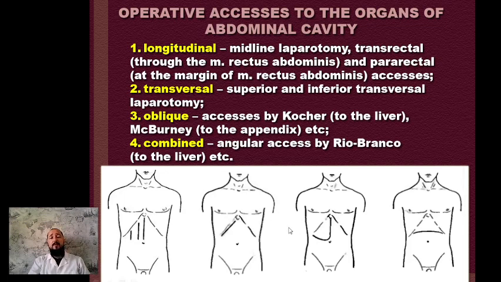And combined incisions, for example, angular incision by Rio Branco. Angular incision by Rio Branco is combining superior midline laparotomy and oblique incision that goes into the 11th rib. And looking like an angle, so angular incision by Rio Branco, it could be used for operations on the liver.